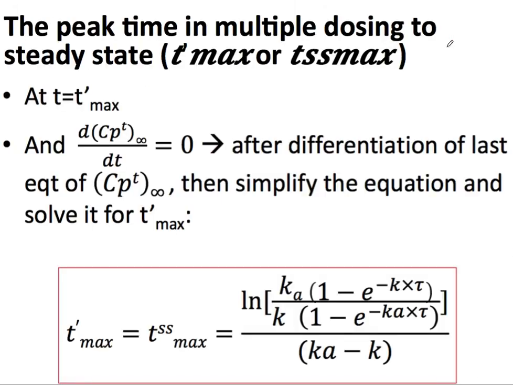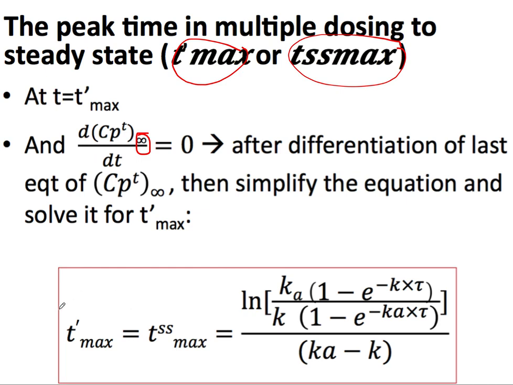So we need to determine T prime max, or T steady state max. I need to determine the steady state concentration Tmax. And to determine so, we need to know when the rate of absorption equals the rate of elimination, but at steady state. The rearrangement and the differentiation are already there in your textbook.